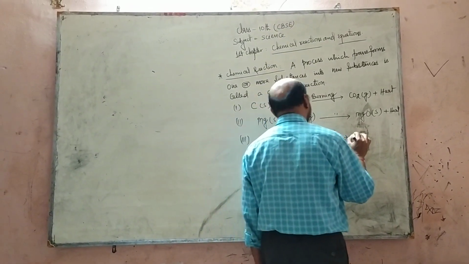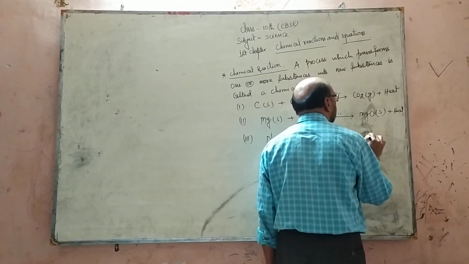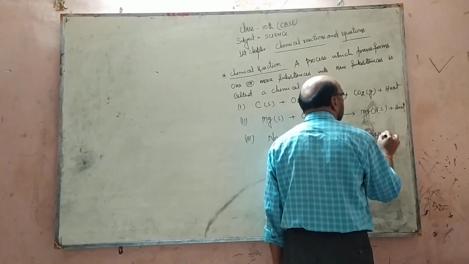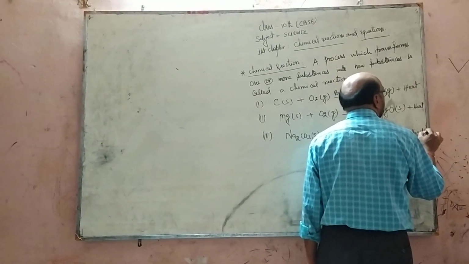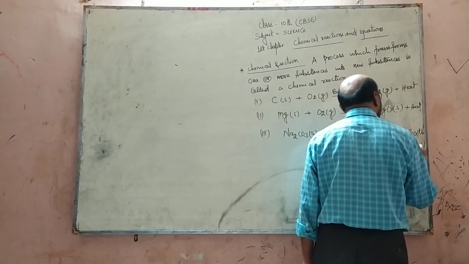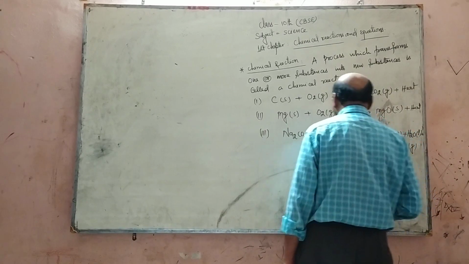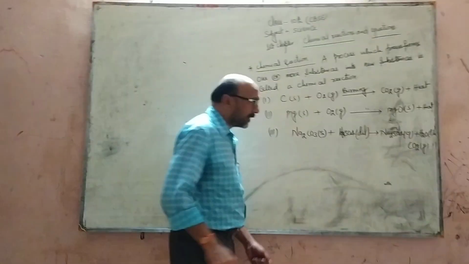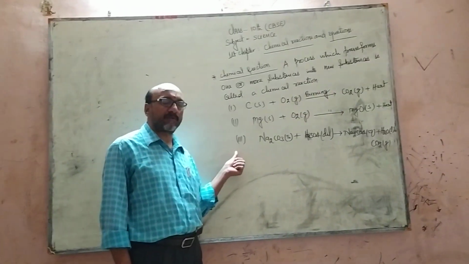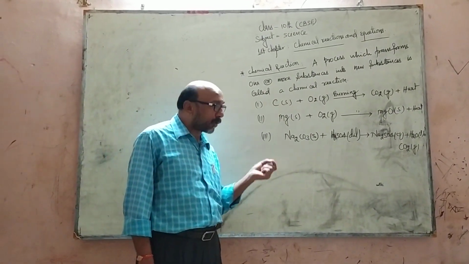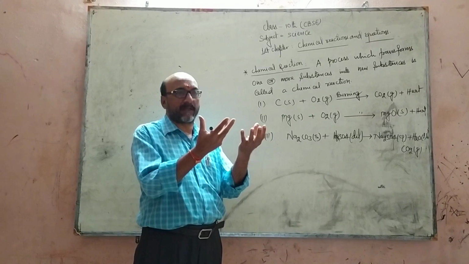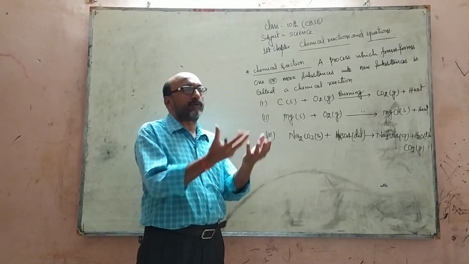It gives sodium sulfate in the aqueous form, water and carbon dioxide gas. The evolution of carbon dioxide gas in this reaction is called effervescence. Effervescence is a process of evolution of gas through a solution.